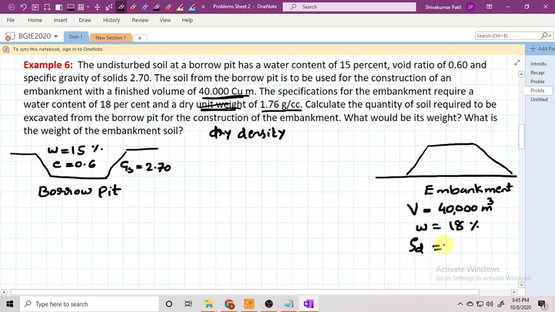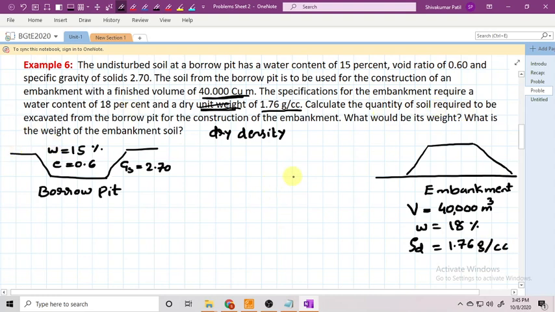Rho d is 1.76 gram per cc. Calculate the quantity of soil required to be excavated from the borrow pit.